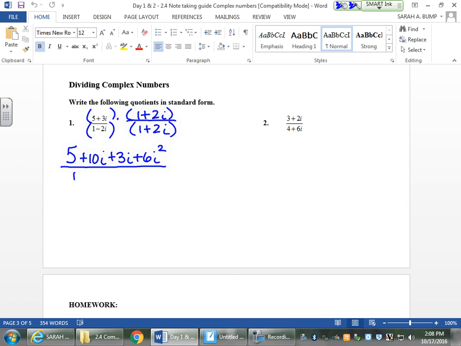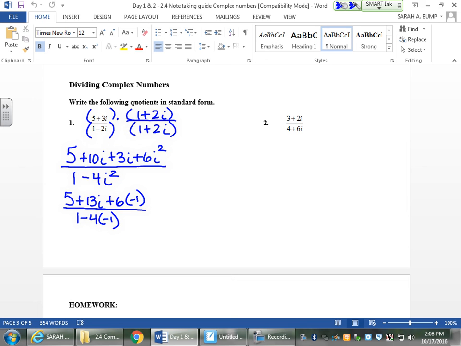So 1 times 1 is 1, and negative 2i times positive 2i is negative 4i squared. You could multiply it all the way out if you forget. They'll still cancel. From here in the numerator, I'm going to get 5 plus 13i plus 6 times negative 1 over 1 minus 4 times negative 1.